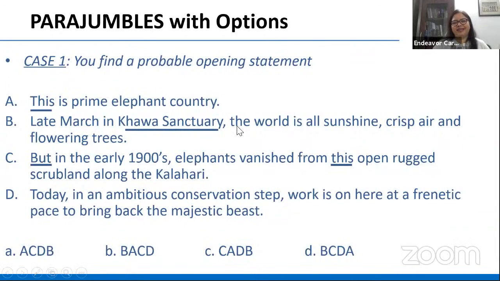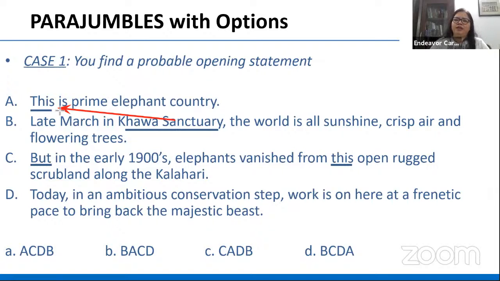Quava Sanctuary. Quava Sanctuary is mentioned again in sentence A, right? So I want to start with B because B starts the idea. Quava Sanctuary, it's a sanctuary for animals. The world is all sunshine, crisp air, and flowering trees. This is prime elephant country.